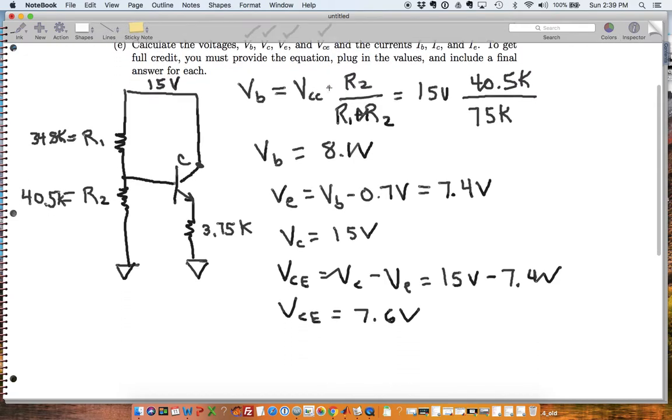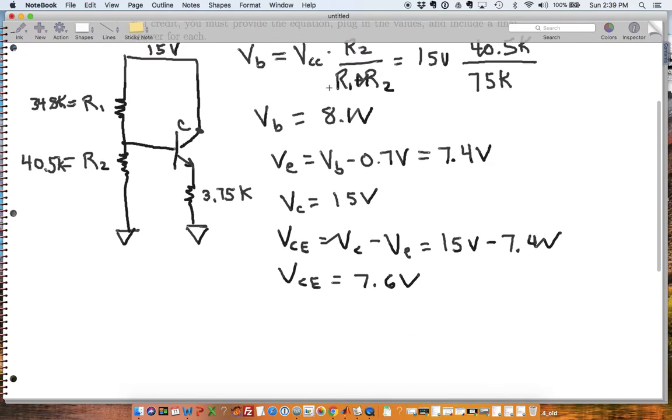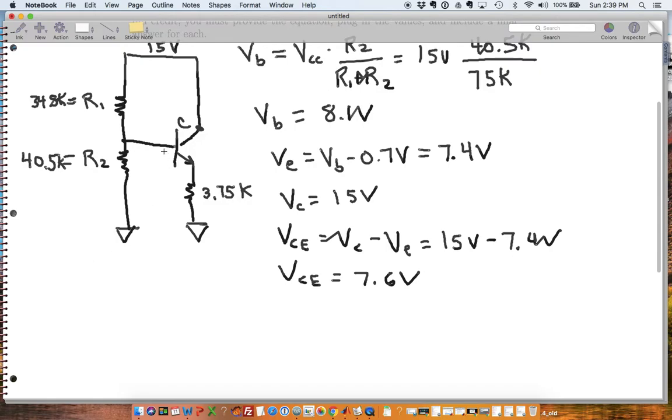Now I need IB. I know that there's 8.1 volts here, and I know there's 7.4 volts right here on the emitter. So I'm going to say I have 7.4 volts to drop across the emitter resistor, 3.75K.